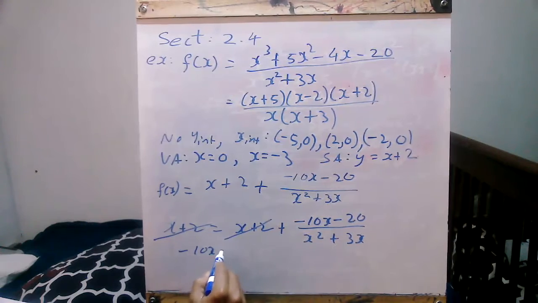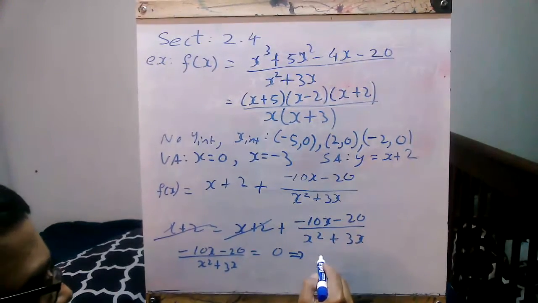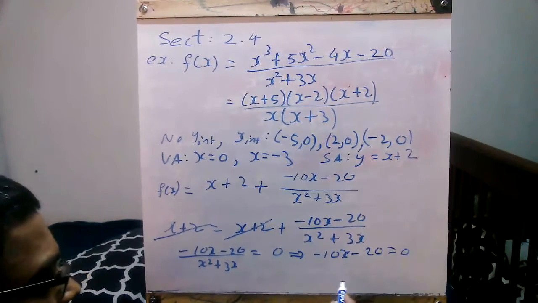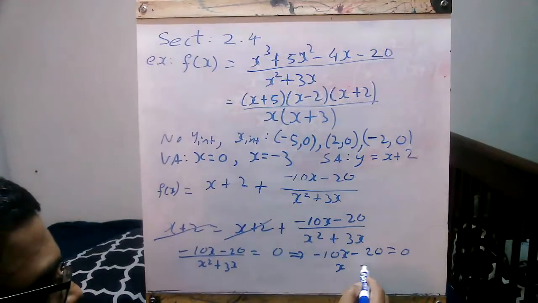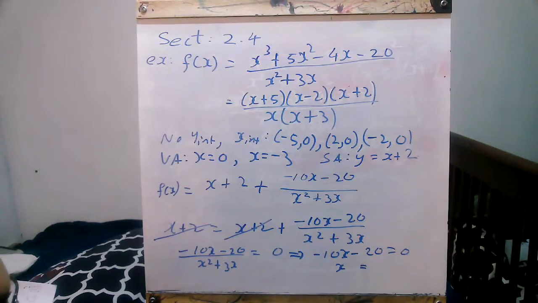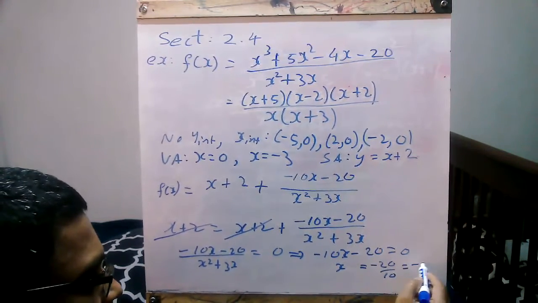Negative 10x minus 20 divided by x squared plus 3x equals 0. Again, a fraction equal to 0, therefore the numerator should equal 0. This implies negative 10x minus 20 equals 0. This gives us x equals 20 divided by negative 10, which is negative 2.